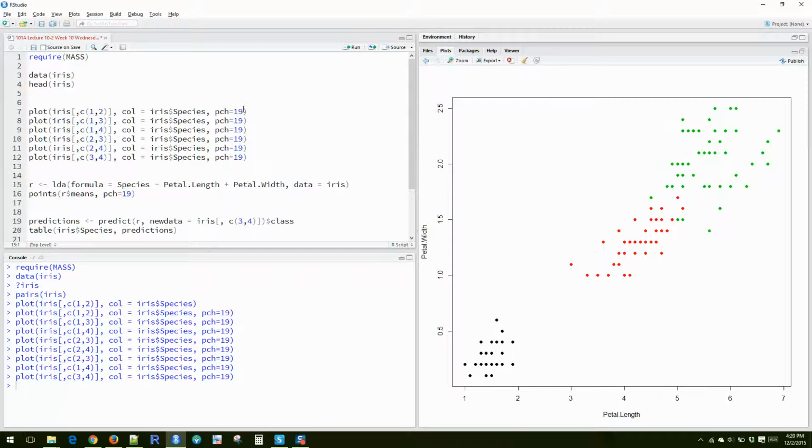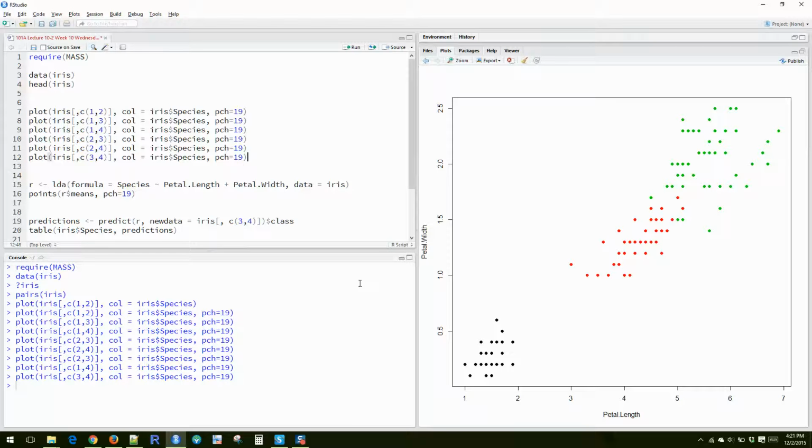Okay, this one seems pretty good, right? So it looks like we use these two pairs. So I'm going to use these two axes to try to differentiate between the different species of flowers.